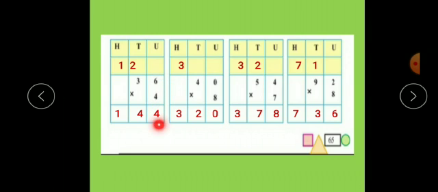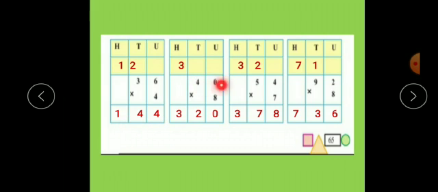So write 4 here. 2 is carrying over to the next place. Then 4 threes are 12. 12 plus 2 is 14. So 4 here. 1 is carrying over to the next place. Now here there is no number to multiply, so write this 1 directly here. So the answer is 144.